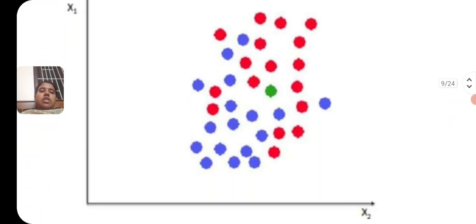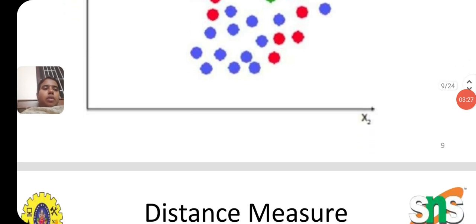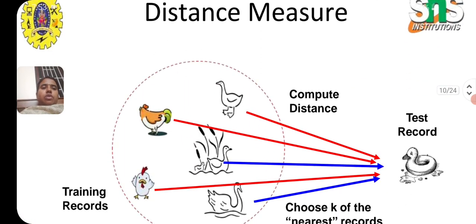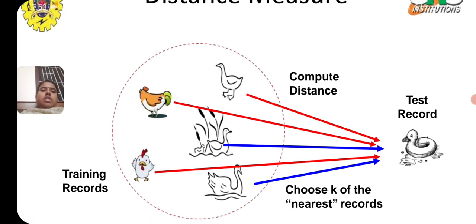Here is an example of k nearest neighbors, with a distance measure.